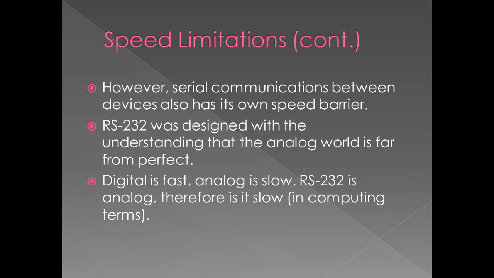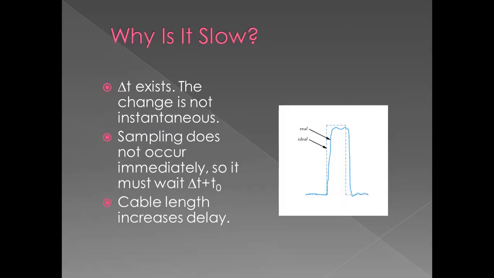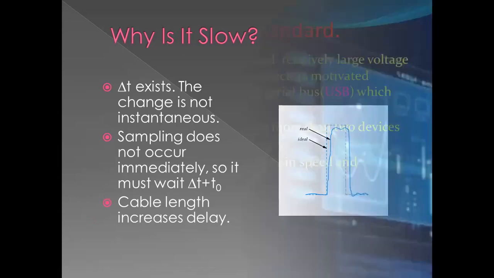RS-232 is analog, therefore it is slow in computing terms. Why is it slow? A delta t time exists. The change is not instantaneous. Sampling does not occur immediately, so it must wait for delta t plus t0. Cable length increases as the length of the cable between the devices increases.